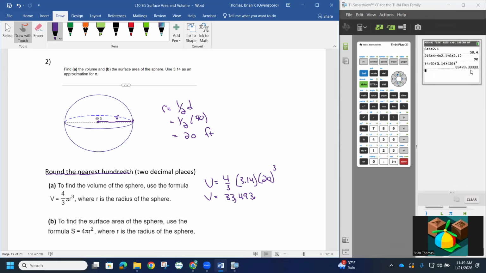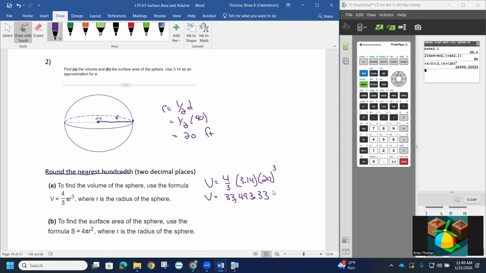To round it to two decimal places, I have to look at the third decimal place. If the third decimal place is 5 or higher, you round up. If it's under 5, then we round back down. Since this is a 3, we just round back down to the 3. We do not raise it up to a 4. So the closest answer would be 33,493.33.